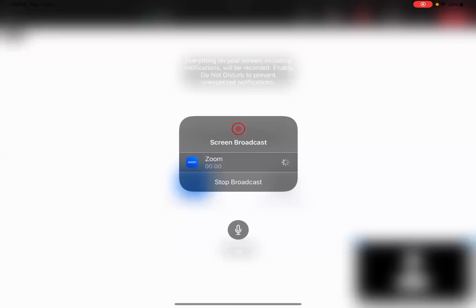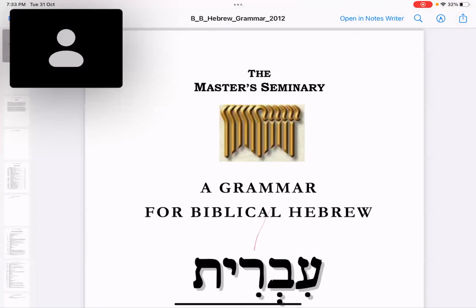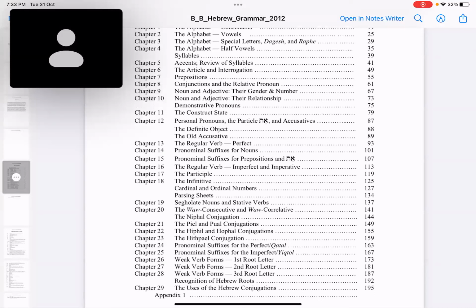Today we are going to start a new lesson, lesson number 18, that is infinitive. Already I think I gave you information on infinitive. In Hebrew, infinitive means to.